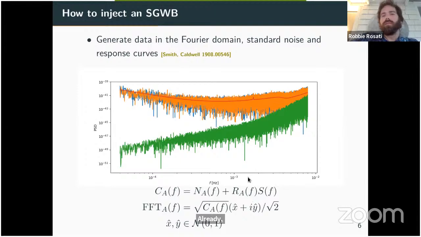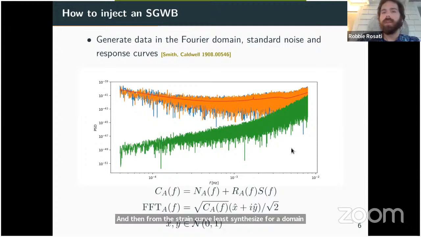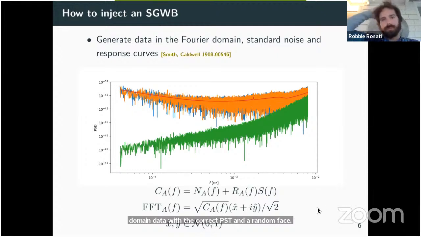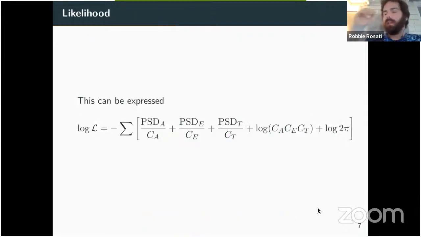Then from this red curve, we synthesize Fourier domain data with the correct PSD and a random phase, just by taking this X and Y to be unit normal random numbers. The likelihood in Fourier domain under the assumption of the equal arm instrument can just be written this way, where you compare the PSD of the Fourier domain data directly to this theoretical covariance. That was the red curve in the last slide.